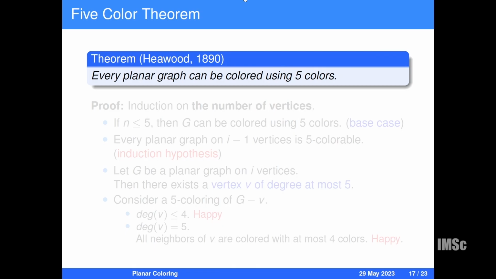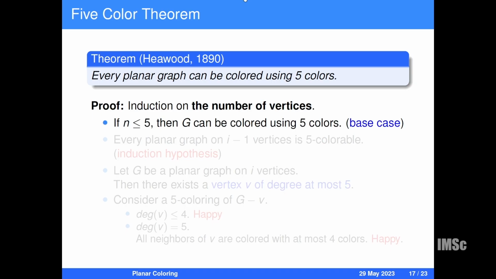Okay, so now let's come to the main thing. In 1890, he came up with this proof. He said that every planar graph is 5 colorable. The proof that we give is induction on the number of vertices. How many of you know what is induction? Okay.